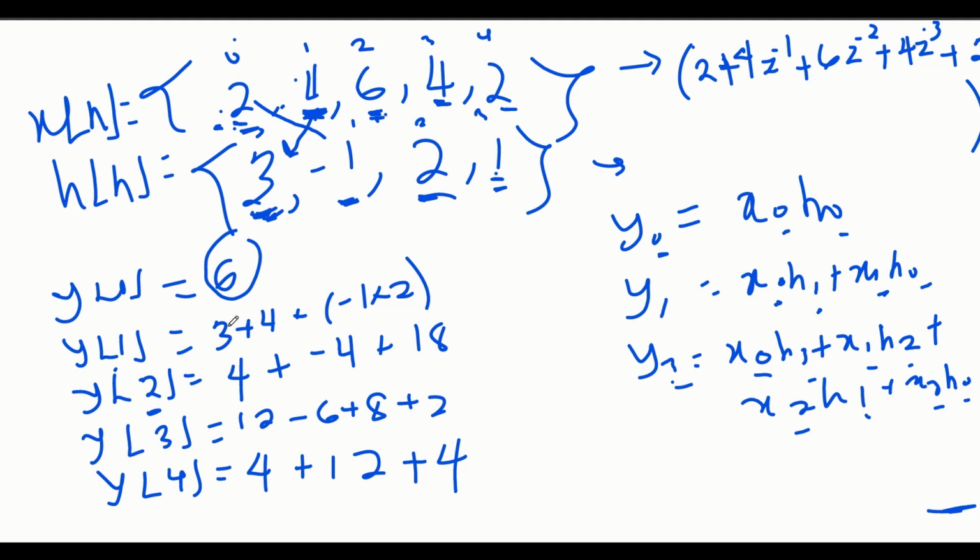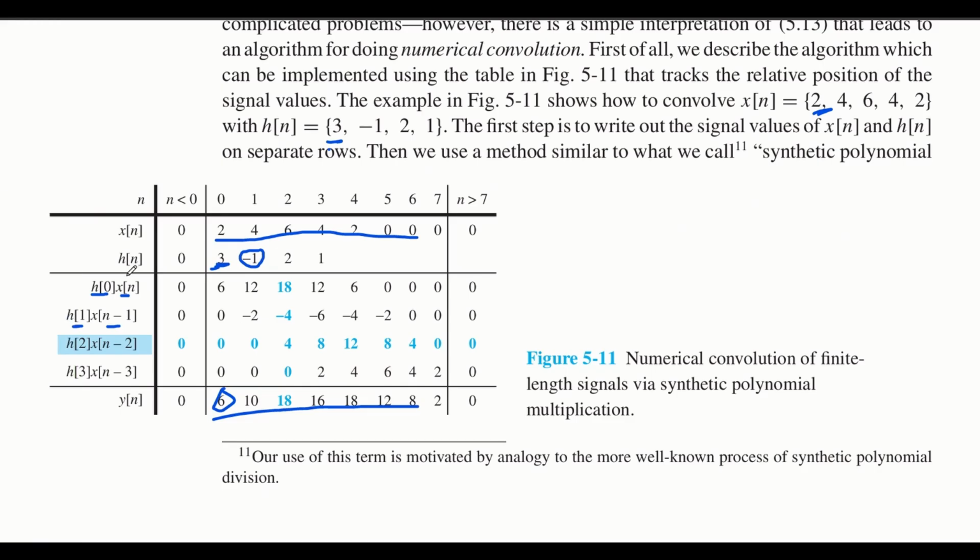So when you do 4 times 3 plus minus 1 times 2, you get an answer of 10. Now come and watch the figure again. Our answer was 10, the second one.